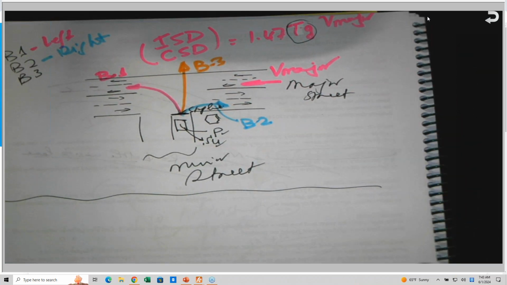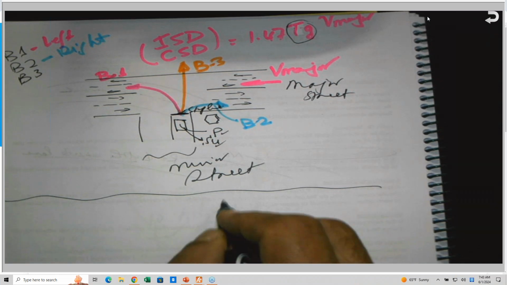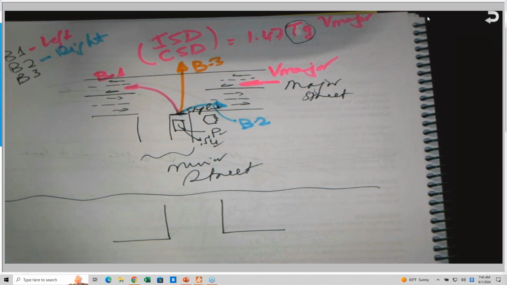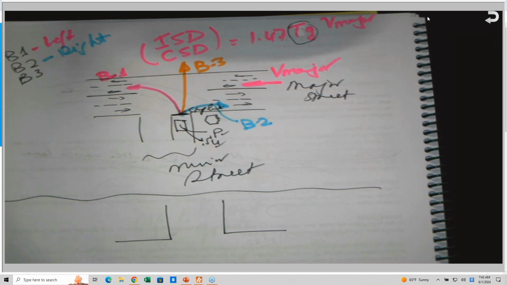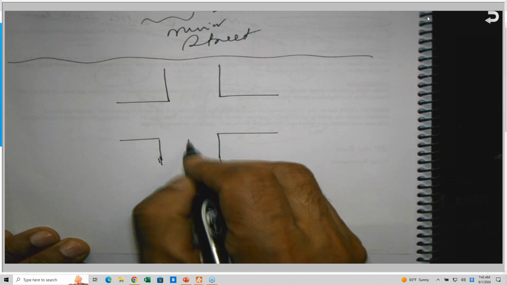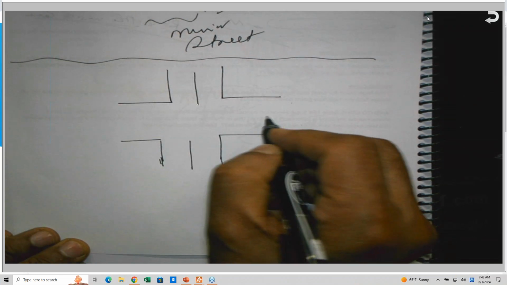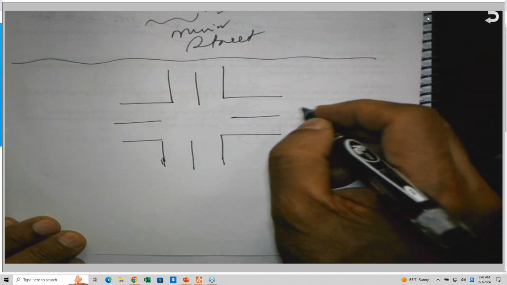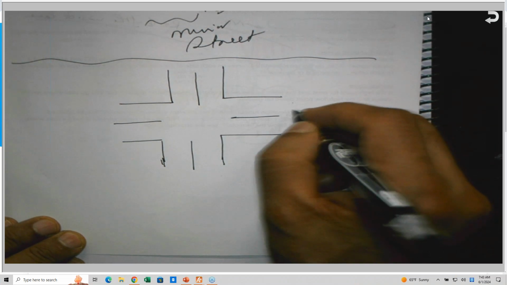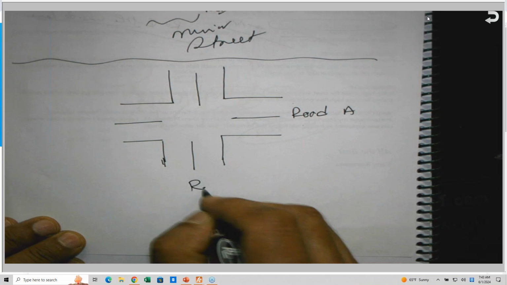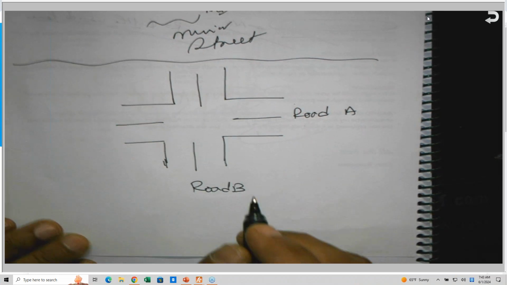If you are talking about case A, it is a four-leg intersection like this, and it has no control at all, no control on either road. This is road A, this is road A, and this is road B, whatever name they gave you.